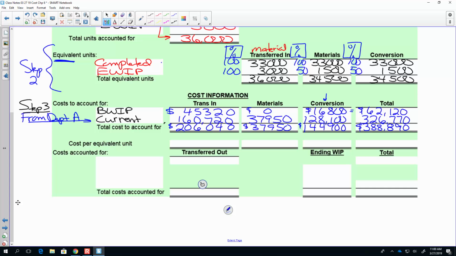All right, we're not done with step 3. What do we got to do now? Cost per equivalent unit. Yep, we got to get this cost per equivalent unit. So it's dollars over units, just like we did on our first problem today. We're going to take step 2's equivalent number now and divide these out.